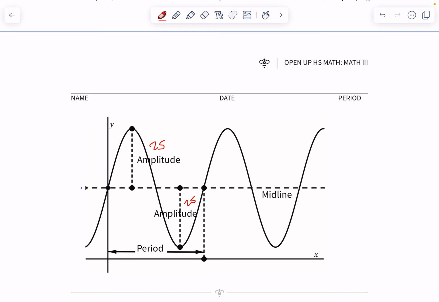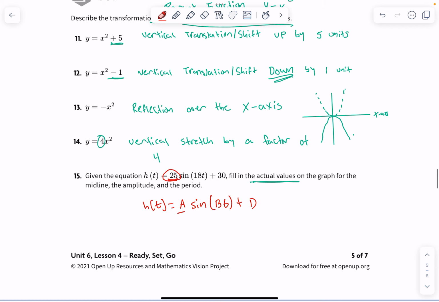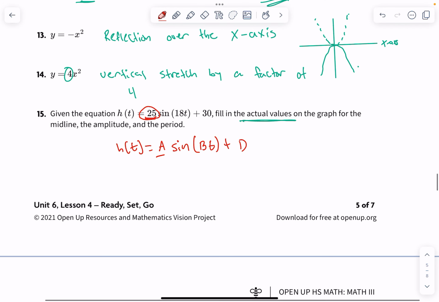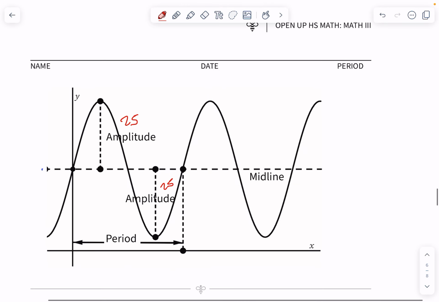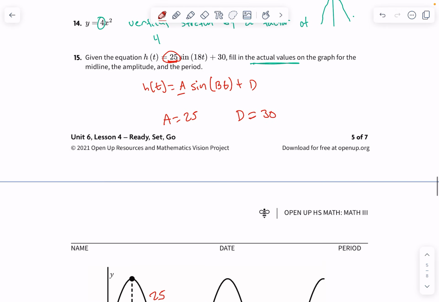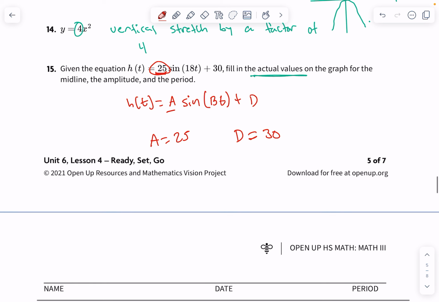Okay. My midline. My midline is always going to be the d value, right? So a is 25, d is 30. So my midline here is y equals 30. Now, I will be honest with you, if this was in degrees, they should have given me degrees there.